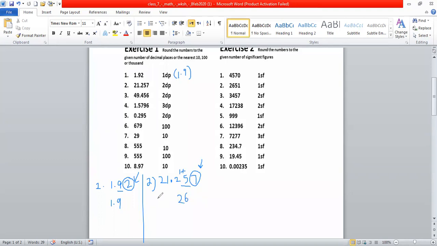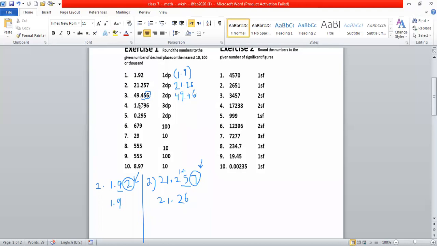So 21.26. So if you see over here 49.456, this would be underlined and this would be circled. So it would be 49.46.